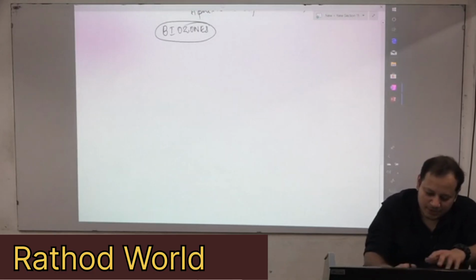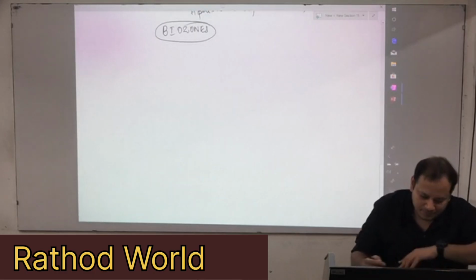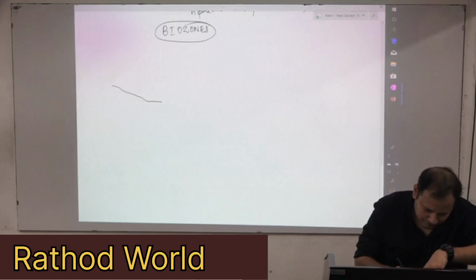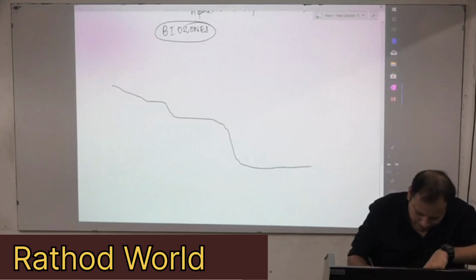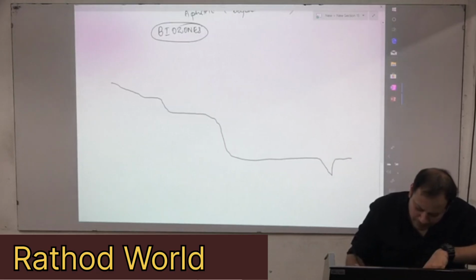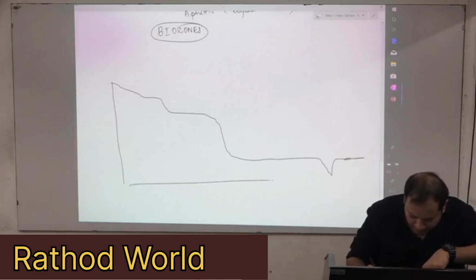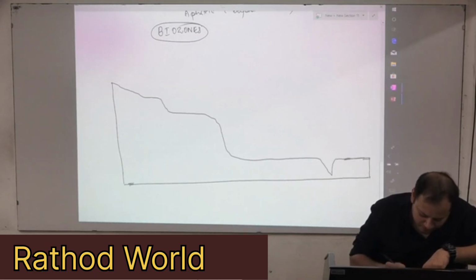And now draw this diagram. ये diagram रटा होना चाहिए. Means you should do this diagram very properly for your exam and try to use it as much as possible in oceanography.